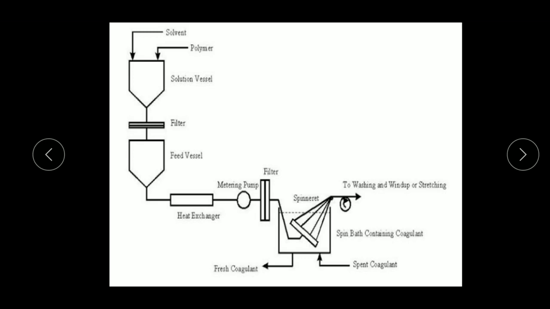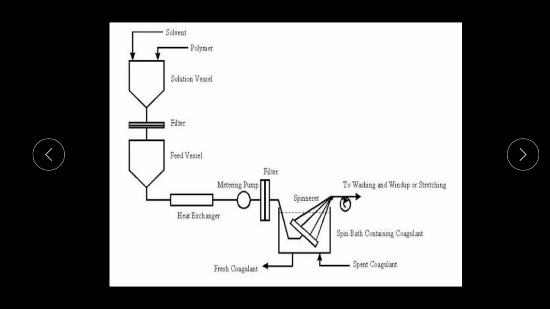Then the pure polymer solution is fed into the pure vessel. Once the pure solution is in the pure vessel, it is transferred into the heat exchanger. The function of the heat exchanger is to remove the moisture content present in the polymer materials.